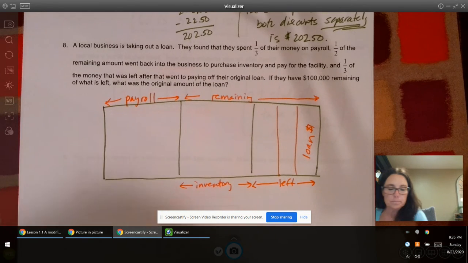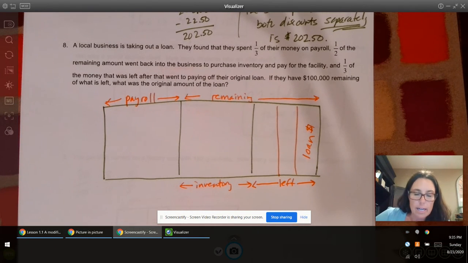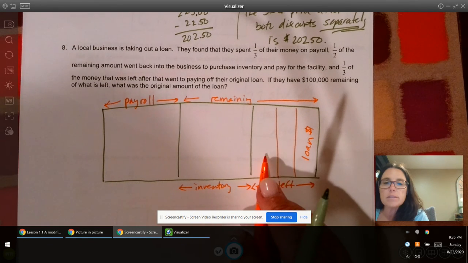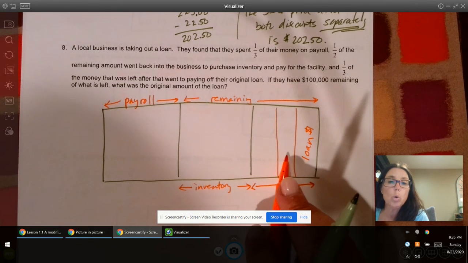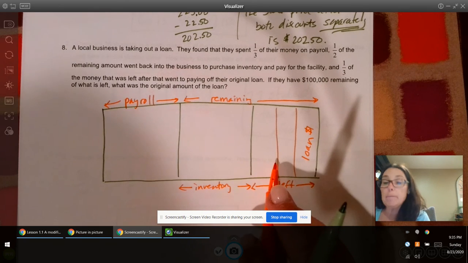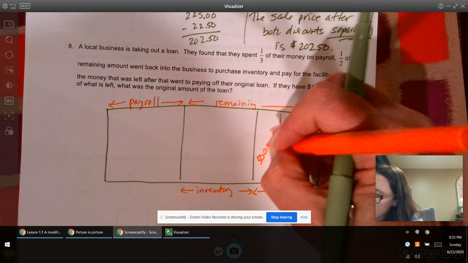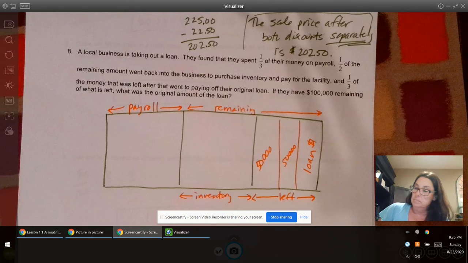Money to the loan. Here's the punchline. If they have $100,000 left of the loan, these two boxes have to be 100,000 total. That means the magic number is 50,000. I can ask a bunch of questions.